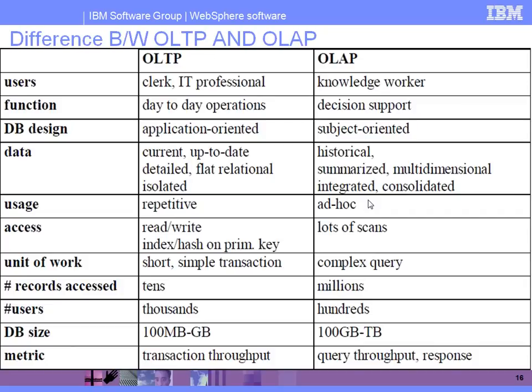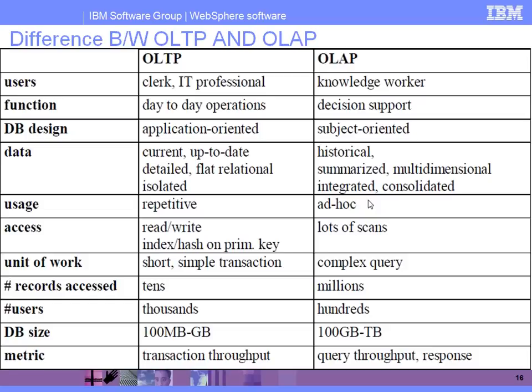And the second one, OLAP, means online analytical processing system. Okay. One is OLTP, the second one is OLAP, right? What is the basic difference between OLTP and OLAP?